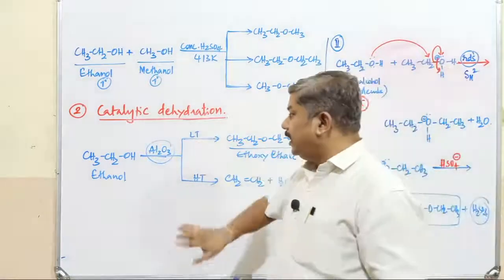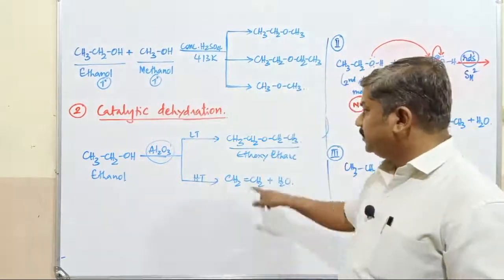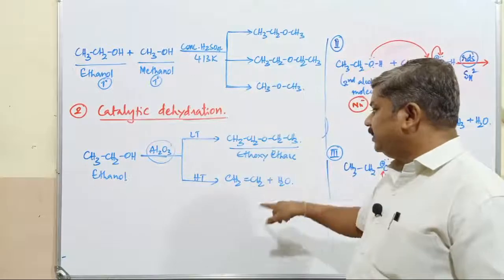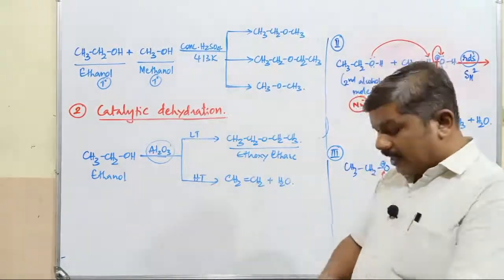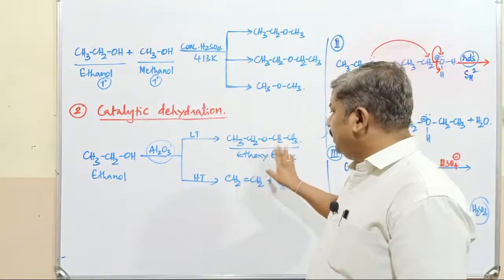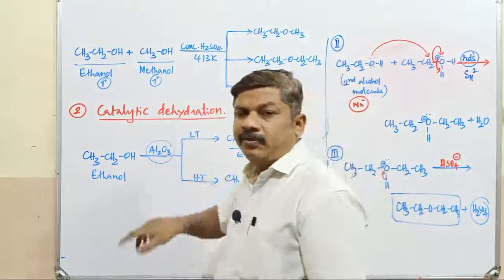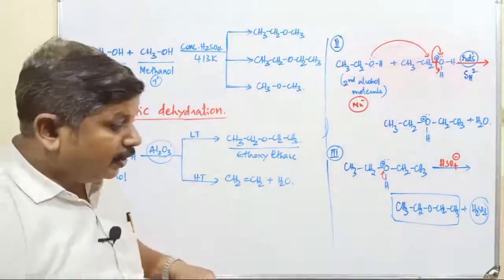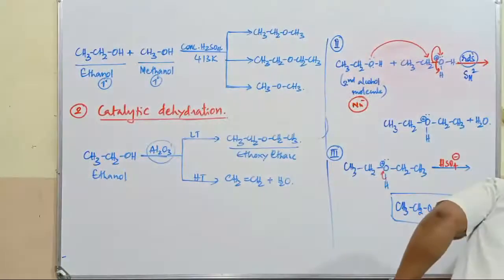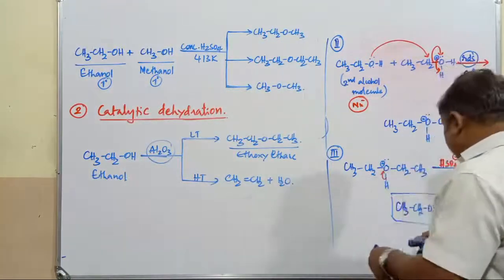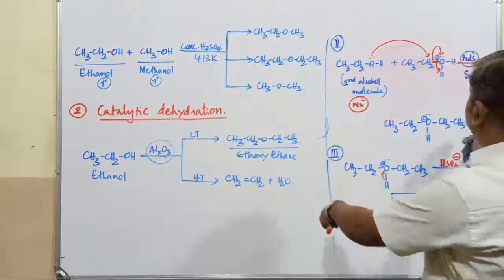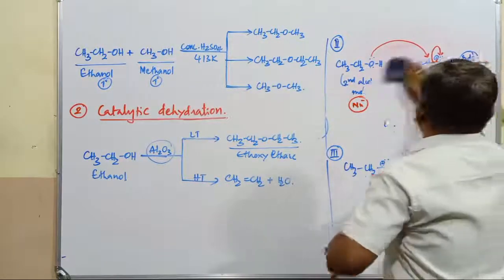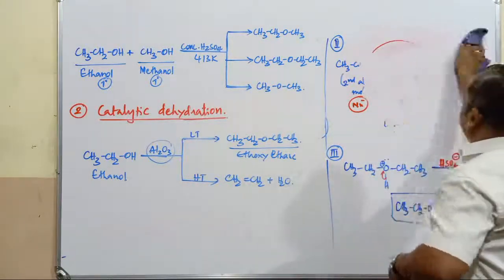In catalytic dehydration also, elimination of water takes place. At low temperature it forms ether, and at high temperature it forms alkene. If you are preparing an ether, what condition must you remember? The reaction should be carried out at low temperature itself. Otherwise, when the reaction is carried out at high temperature, an alkene is formed.